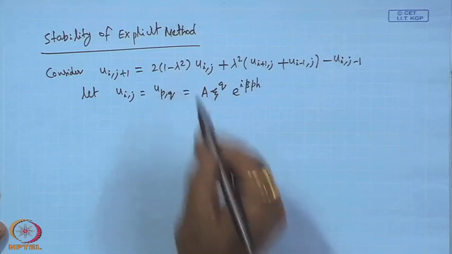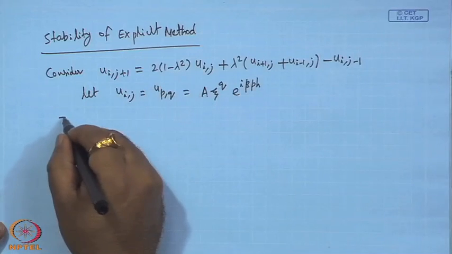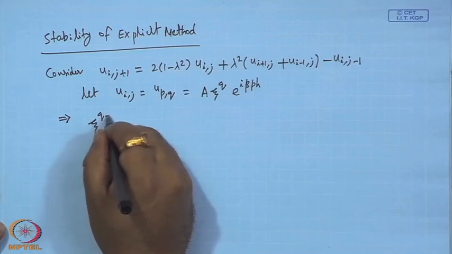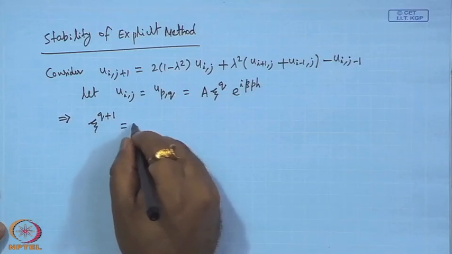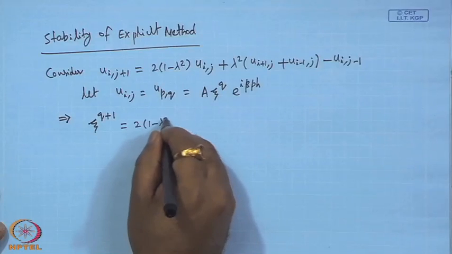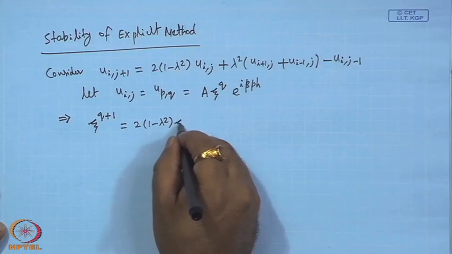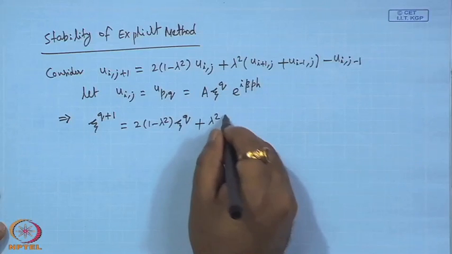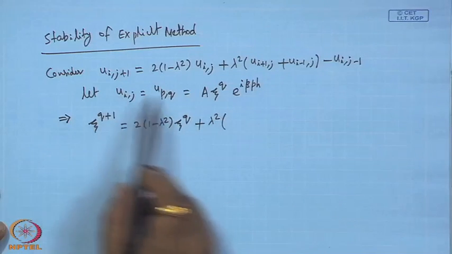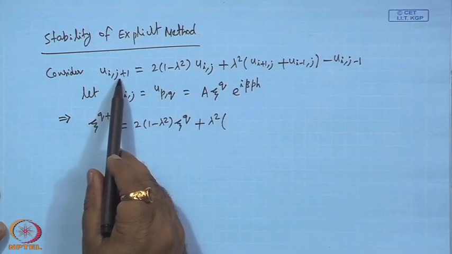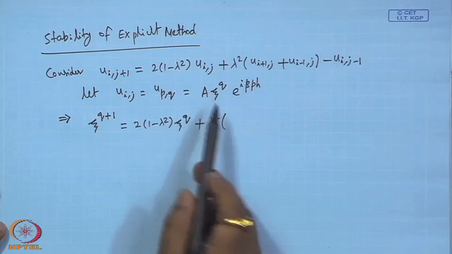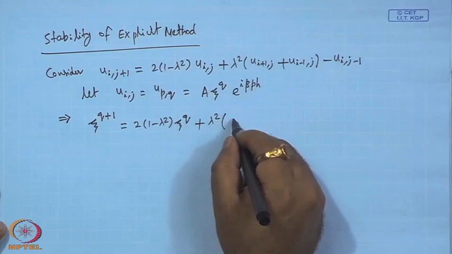Then when we substitute this in the above equation, we get, so this is because of j plus 1 we get zeta of q plus 1. So on and so forth.